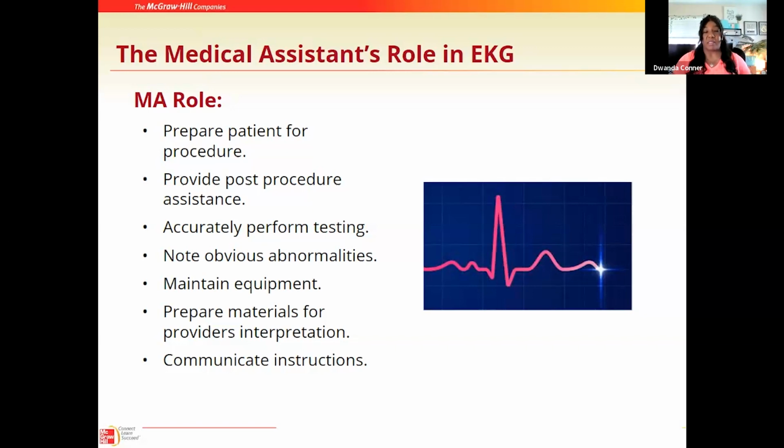Now, abnormalities, of course, if you can detect them, obviously these are results. And remember, with results, it is not within our scope of practice to be able to pass results on to our patients. We would also maintain the equipment, prepare materials for the provider's interpretation, and communicate any further instructions the patient may need.